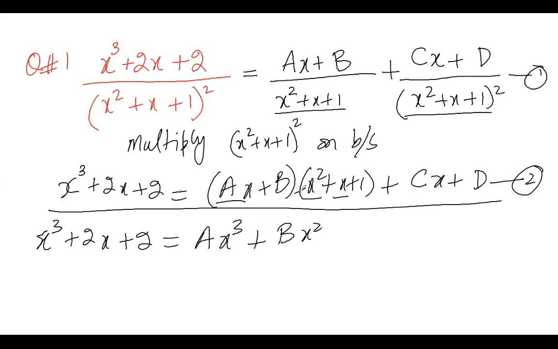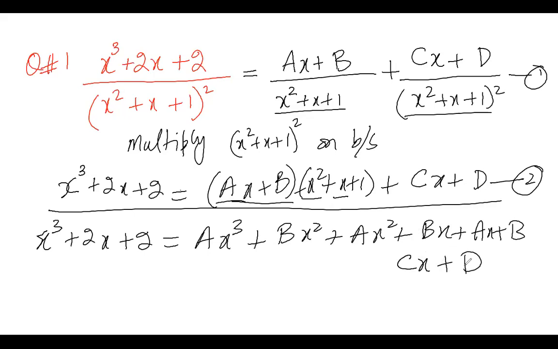Similarly, when x is multiplied with this expression, plus ax square plus bx. When 1 is multiplied with this, it will become ax plus b, and the remaining is cx plus d.